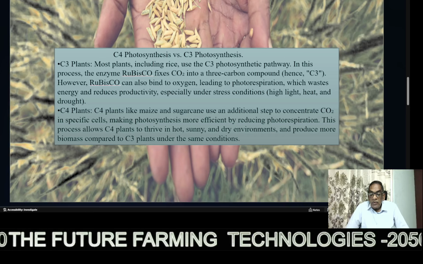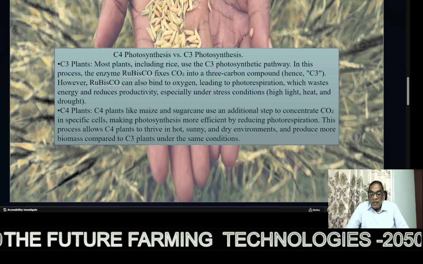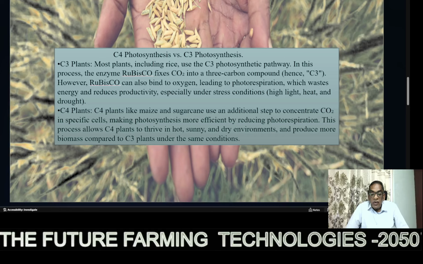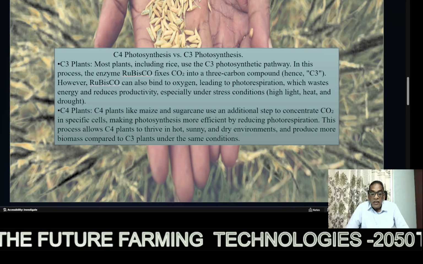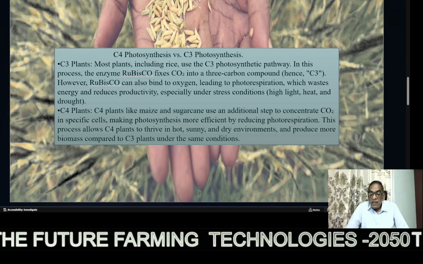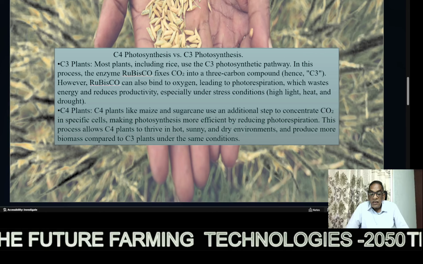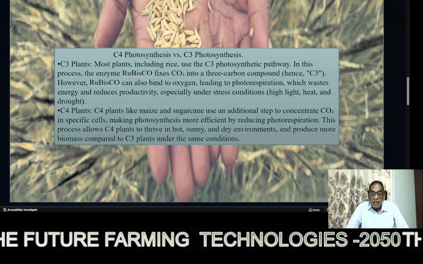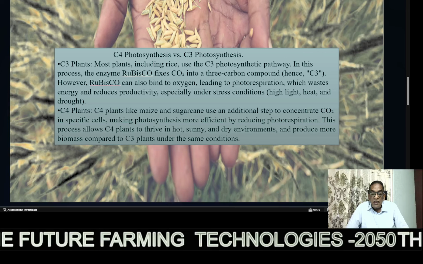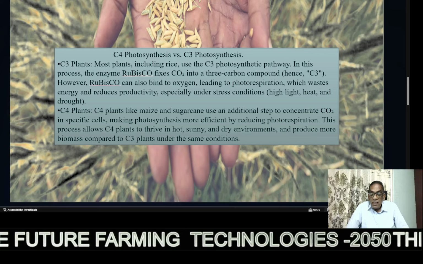However, Rubisco can also bind to oxygen, leading to photorespiration, which wastes energy and reduces productivity, especially under stress conditions, meaning high light, heat and drought.